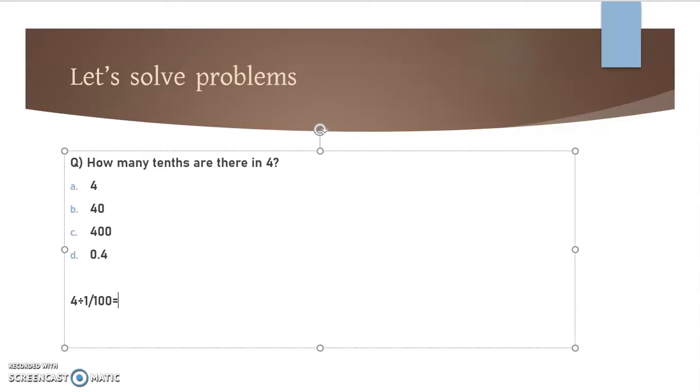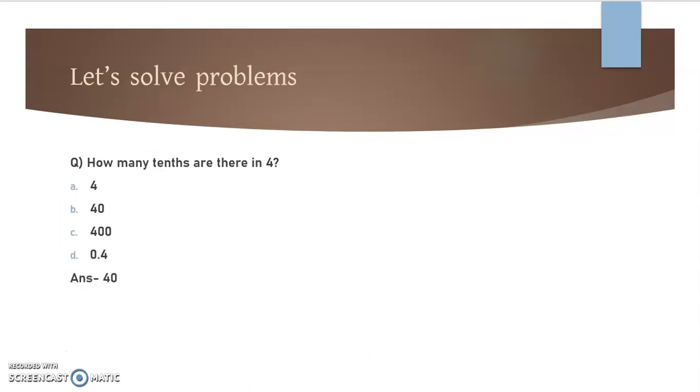We know in fractions, when we divide we have to take the reciprocal of the second number. So we'll be doing that. There are tenths here, 1 by 10, so 4 into 10, that is 40. There are 40 tenths that make the number 4. Next question. Okay, the answer is 40.